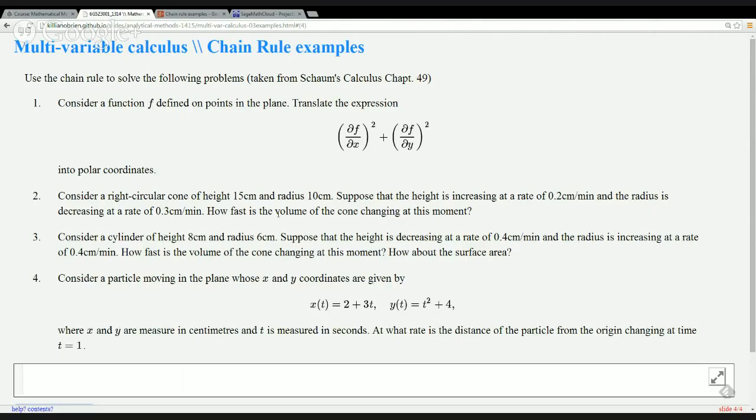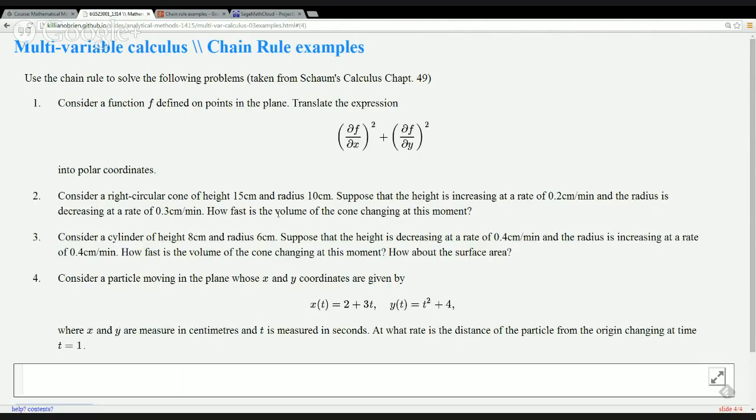So the volume is based on the area of the base, but pushing that up through the cone, you get a third times the height times the area of the base. So a third pi r squared h.